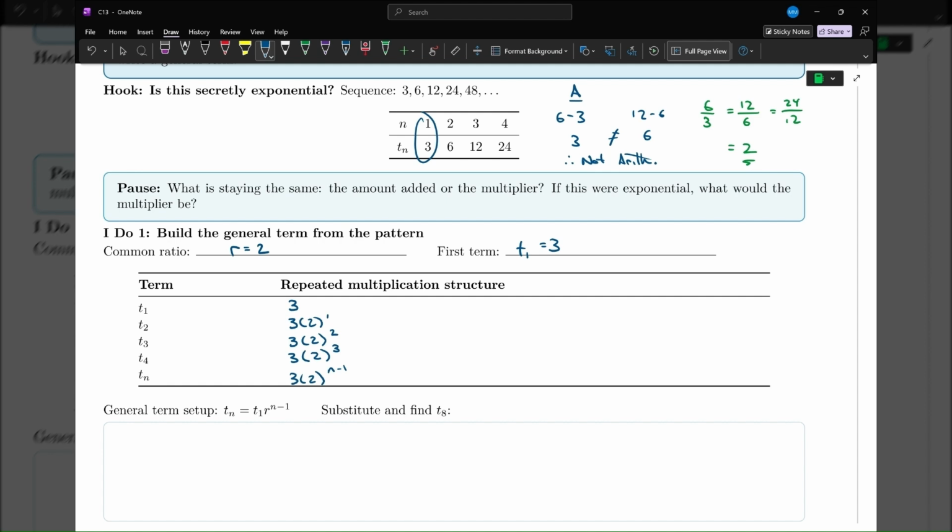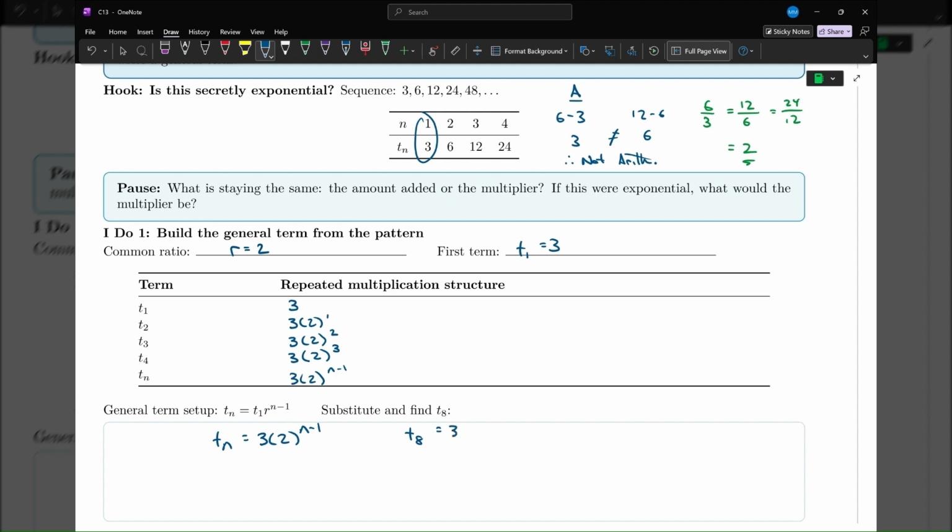As I get that, that is Tn. So Tn generally is T1 times the ratio n minus 1 times. So Tn for us here is 3 times 2 to the n minus 1. Now if I want T8, I'm just going to plug in 8 for n.